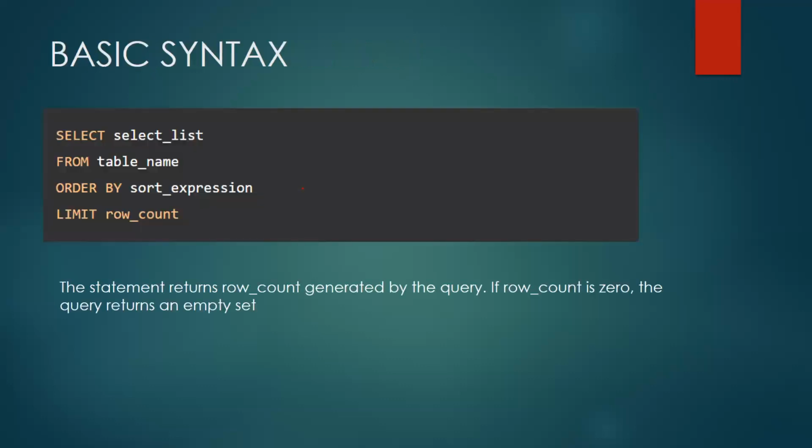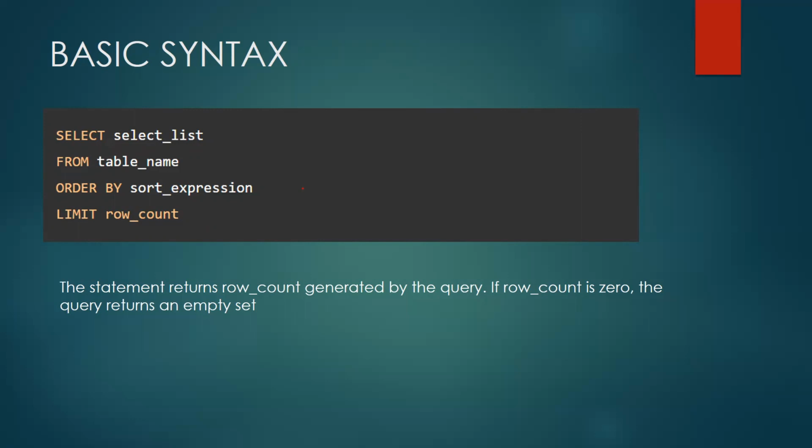Okay. And here's the basic syntax of limit. We start from select list and from the table name, order by sort expression, and limit row count. The statement returns row count rows generated by the query.